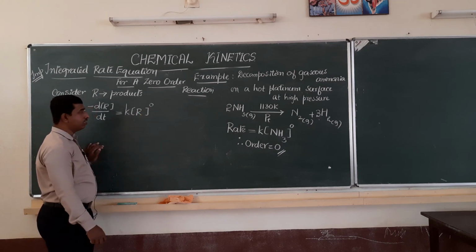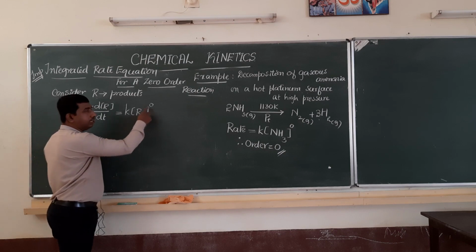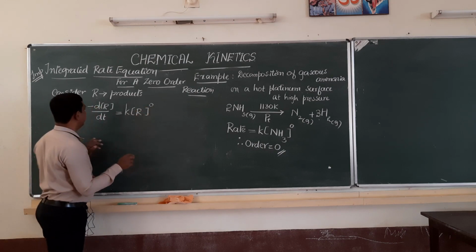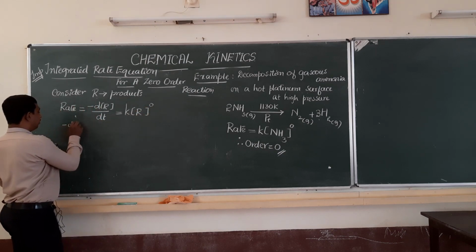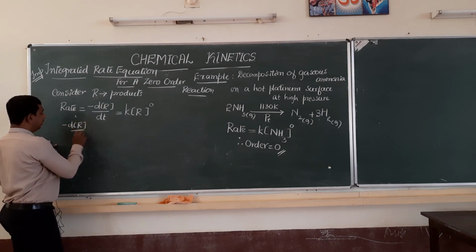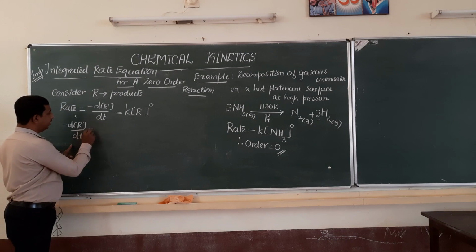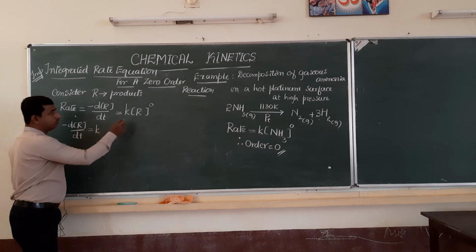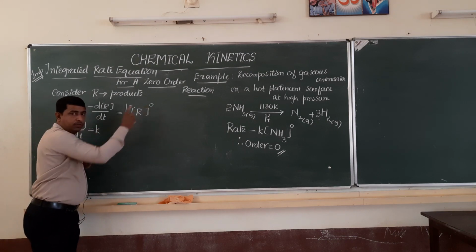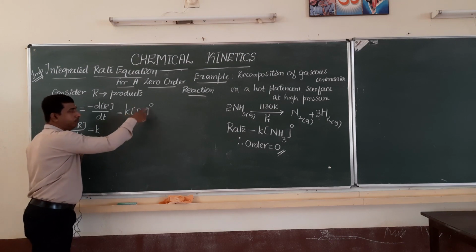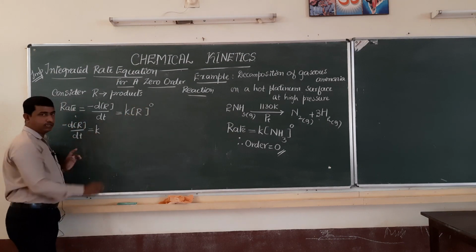Any term to the power 0 is 1. So minus dR by dt equals K into R power 0, and R power 0 is 1. So it is equal to K.